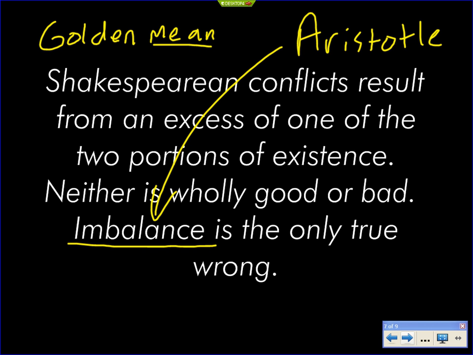Courage is a tempering of these two. Courage is a balance. Courage is a meeting place between these two. And pride would probably be an excess of some sort of healthy self-image.